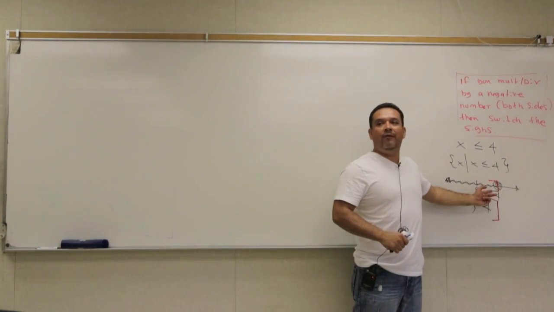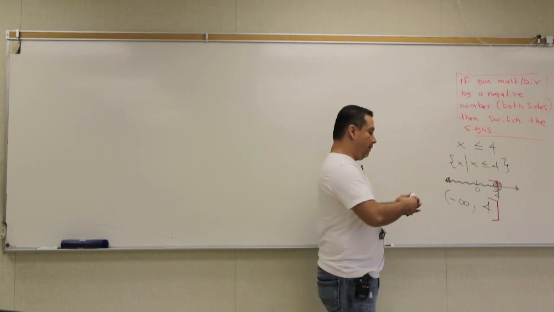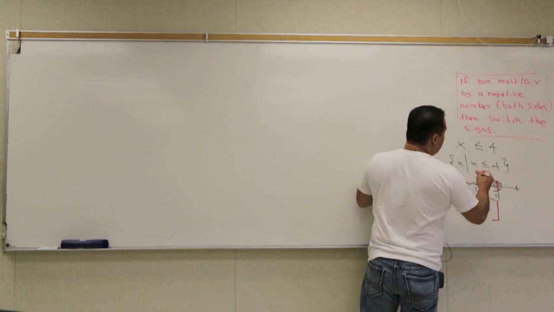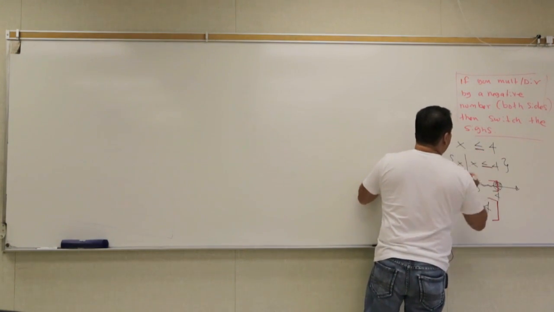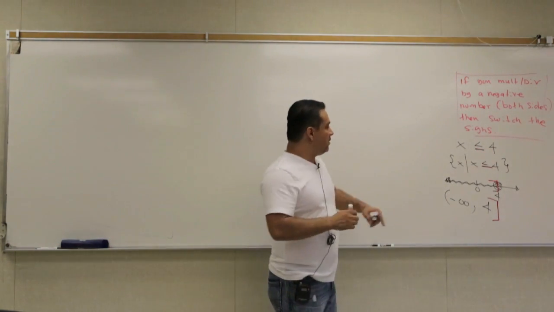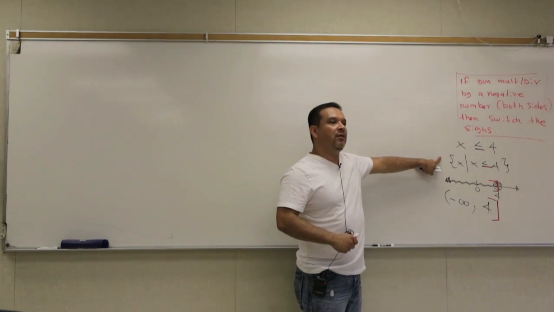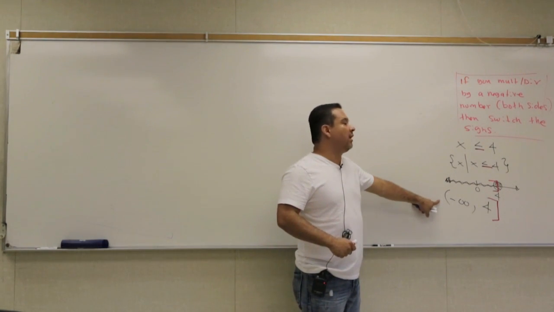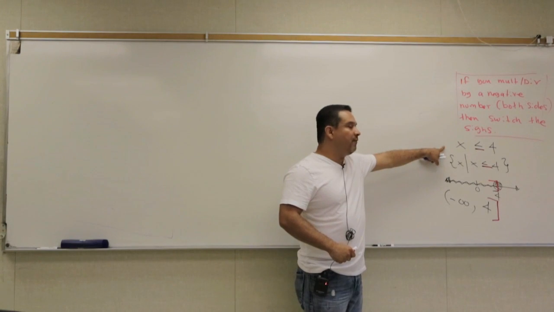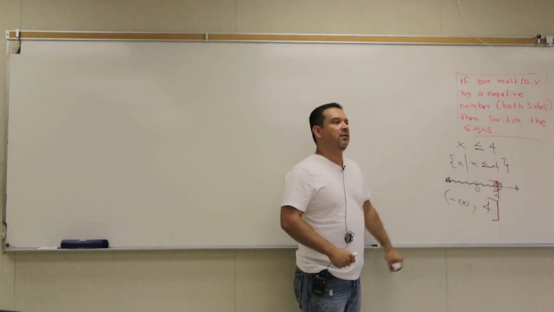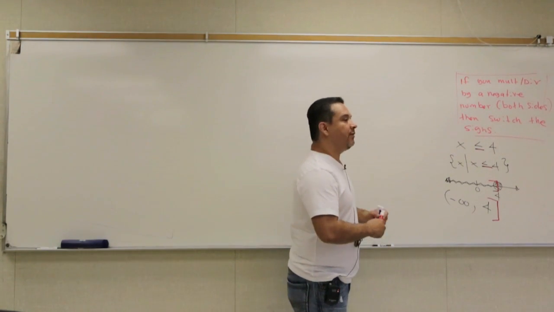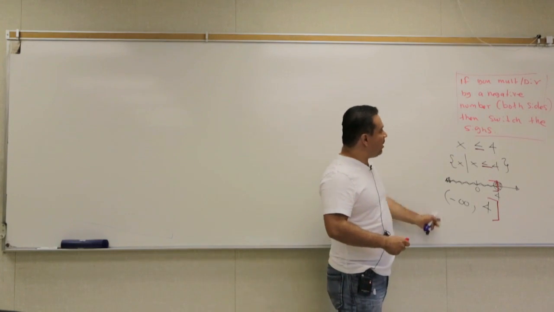How do you know? It's shaded, because of the equal sign. So we have the solution, set notation, graph, and interval notation. That information drives all 3 concepts. This is really what they're testing you on, all 4 of these things.